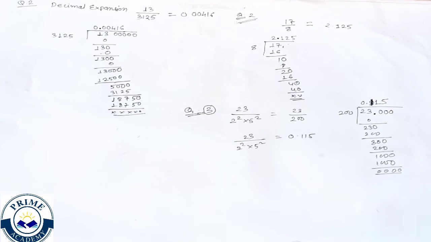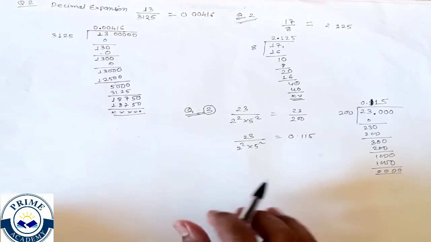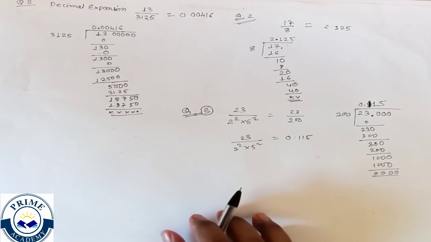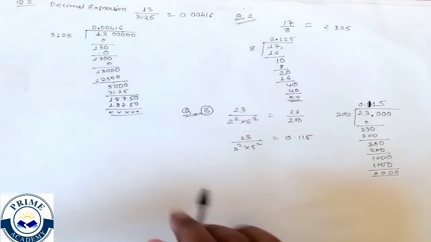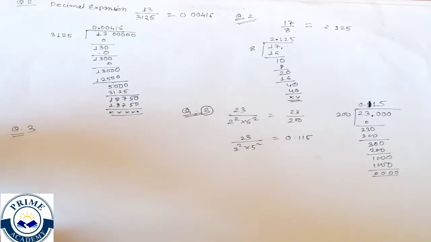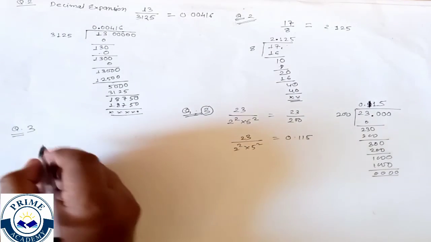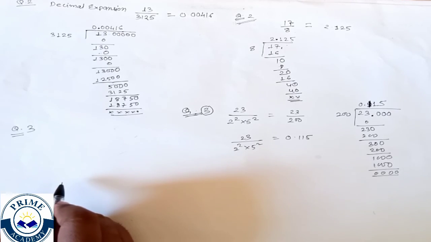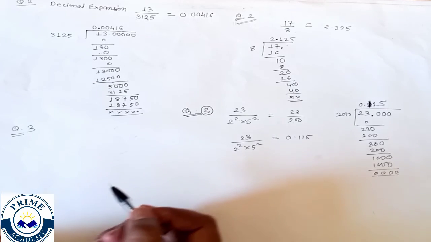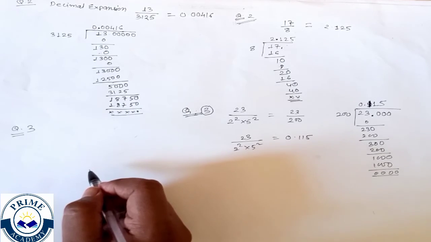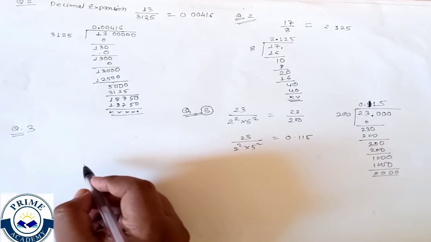Now move on to question number 3. What does question number 3 say? Four numbers are given, and you have to check whether they are rational numbers or not. If it is a rational number, then calculate whether it is terminating or non-terminating, right?